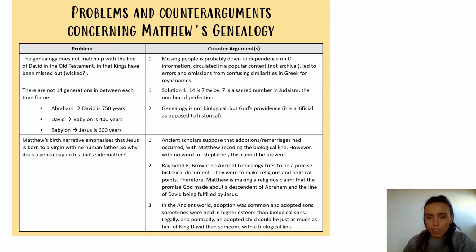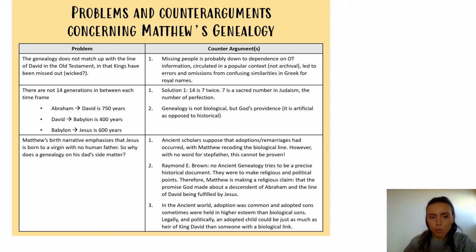The counter argument is that it doesn't matter, because what Matthew's trying to get across is symbolic, so he's trying to get across the importance of the number 7, perhaps some would argue, and that it's a sacred number, and that is more important than the accuracy of the generations.